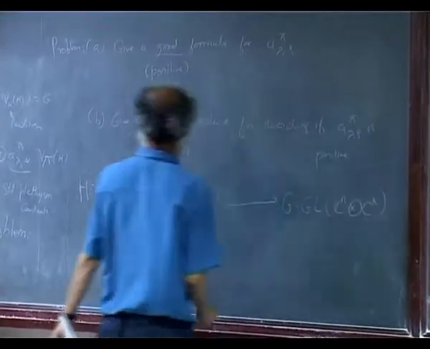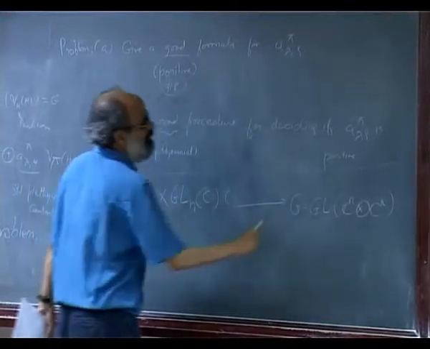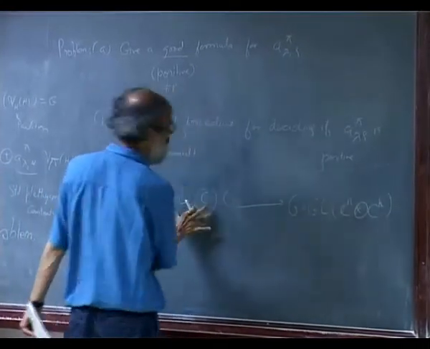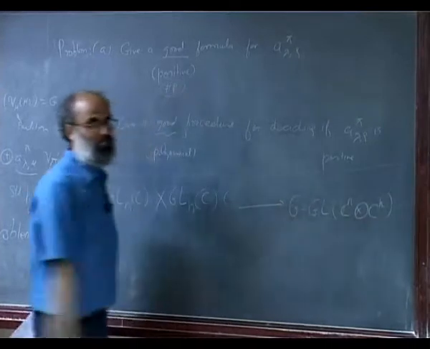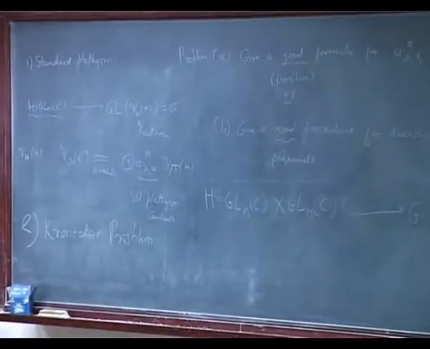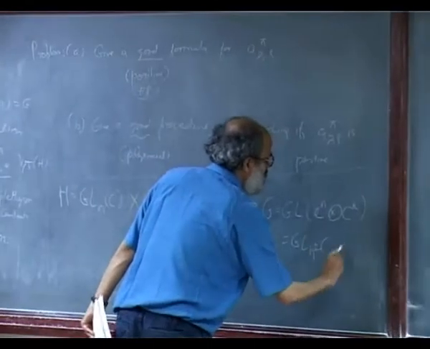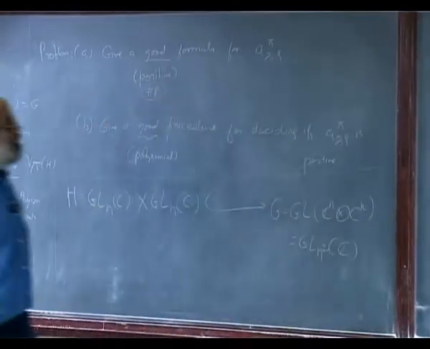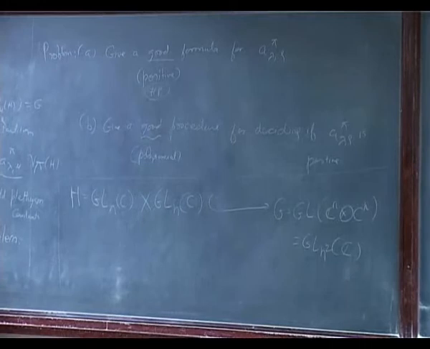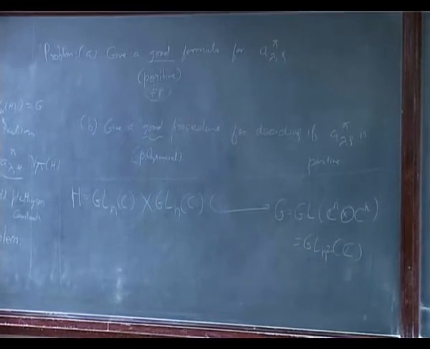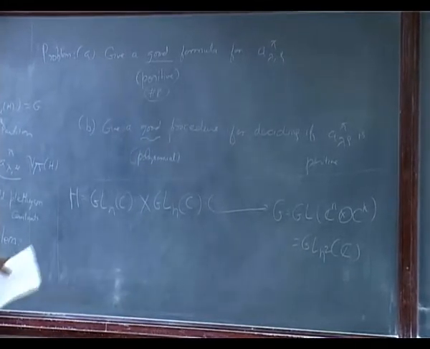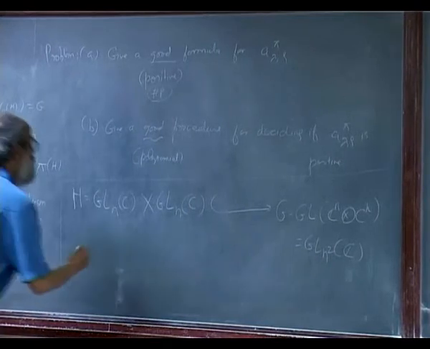So this GL_n C factor acts on this C^n and that GL_n C factor acts on that C^n. So this is just the natural embedding, which is equal to GL_{n^2}.